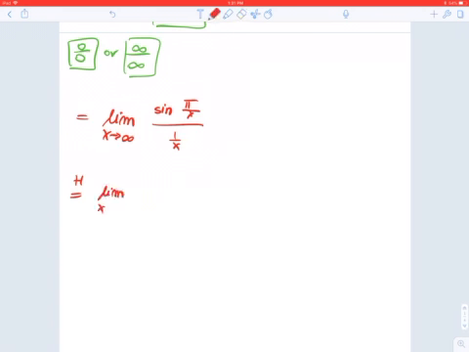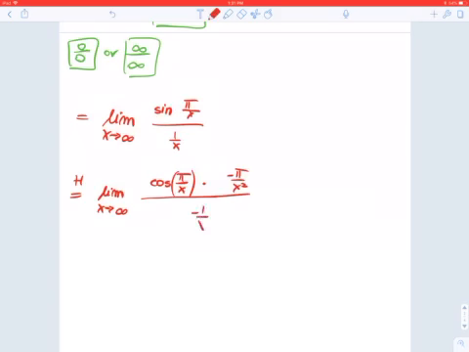Okay, limit as x goes to infinity. Derivative of sine of pi over x is cosine of pi over x times the derivative of the inside function pi over x, which is negative pi over x squared.